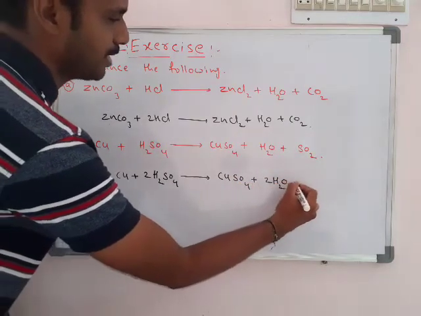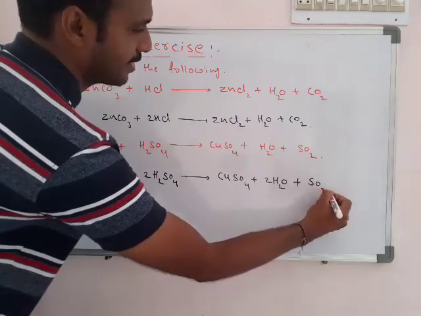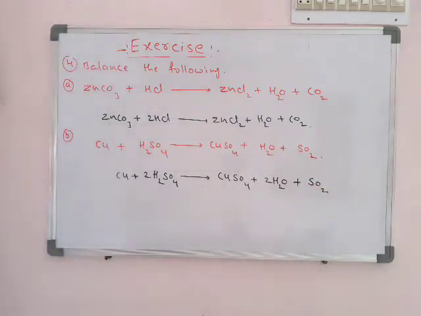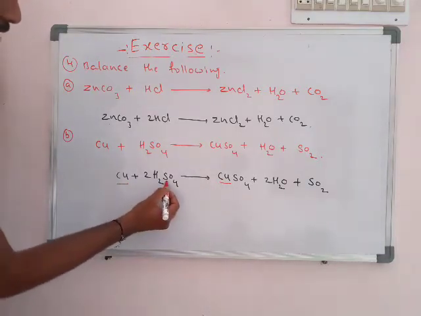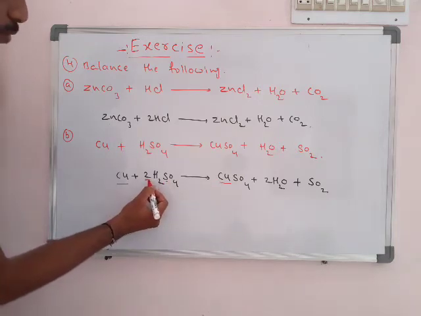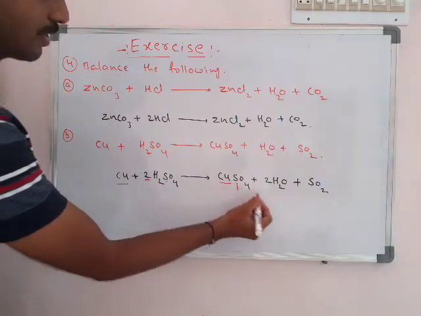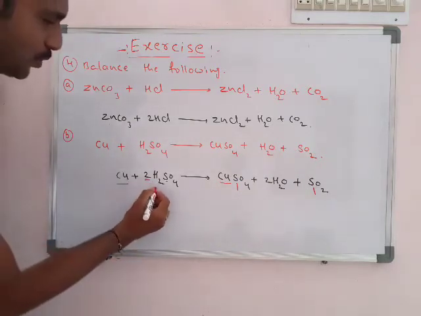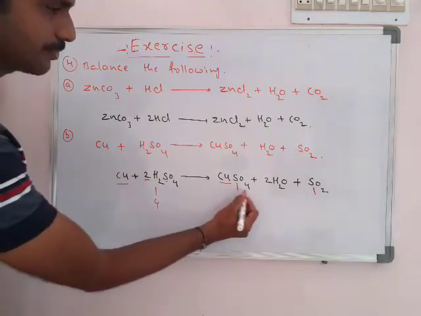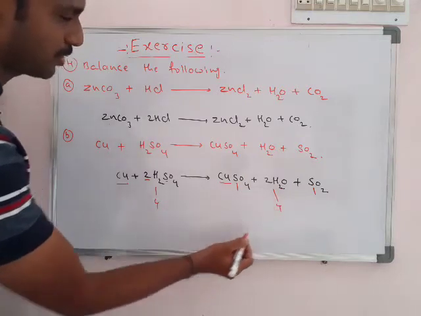It is compulsory to check the balanced equation. After writing the final equation, you have to check it. So here 1 copper, 1 copper. How many sulfurs are there? 2 sulfurs here, and here 1 sulfur, 1 sulfur. Hydrogens: 2 becomes 4 hydrogens, here also 4 hydrogens.